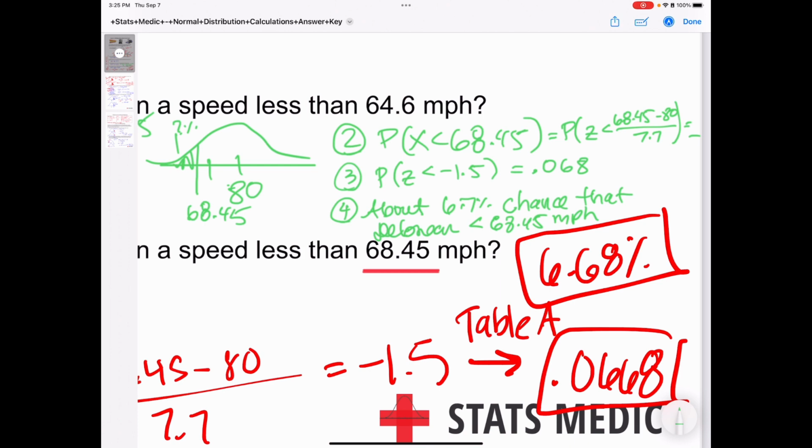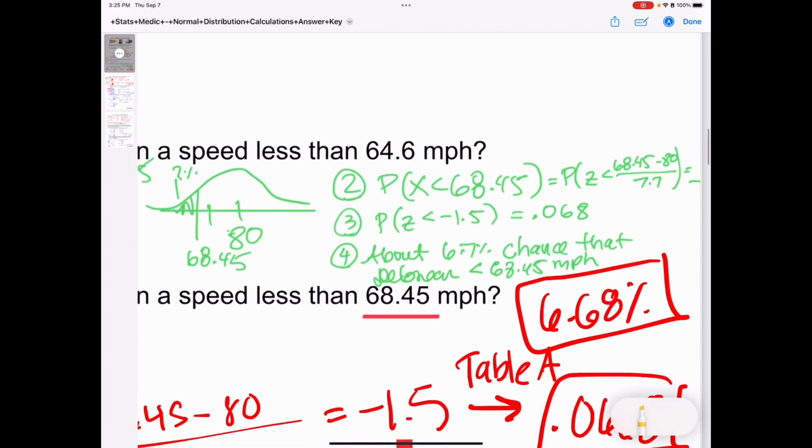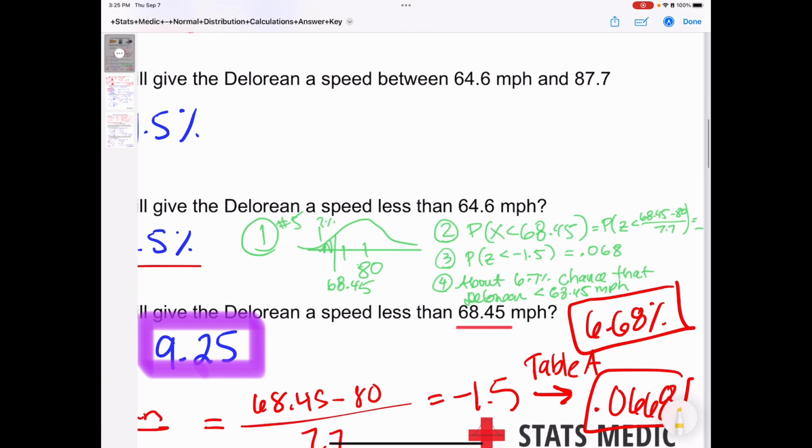I do want to show you how to do it on the calculator. So on the calculator, you would do the same thing in the beginning. The first step would still be to do this. The second step would still be to do this. What changes is the third step.